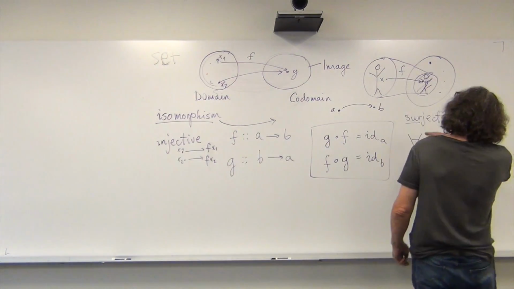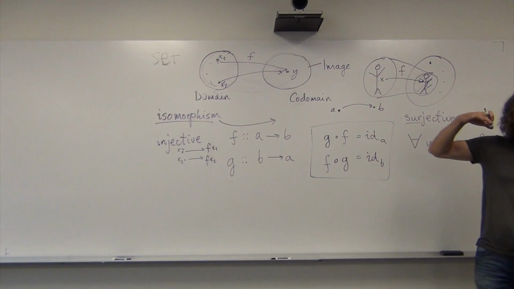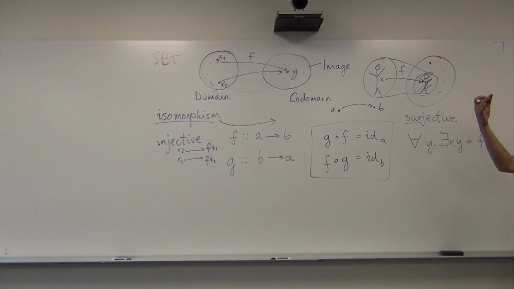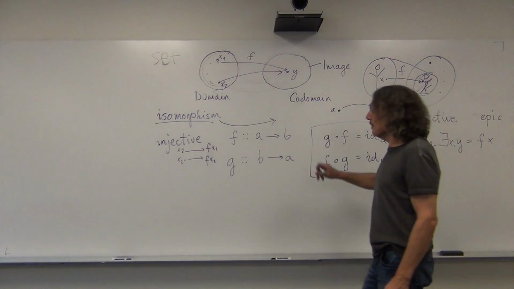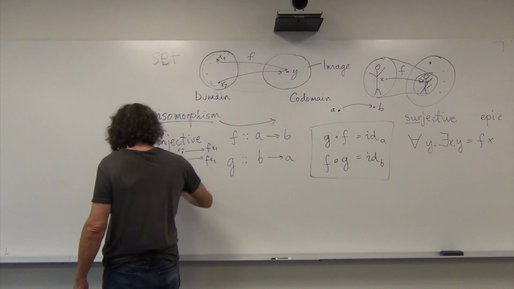So instead of saying something is surjective, onto in Greek is epi, right? So we'll say that something that's surjective is called epic, okay? And something that's like injective is called monic.